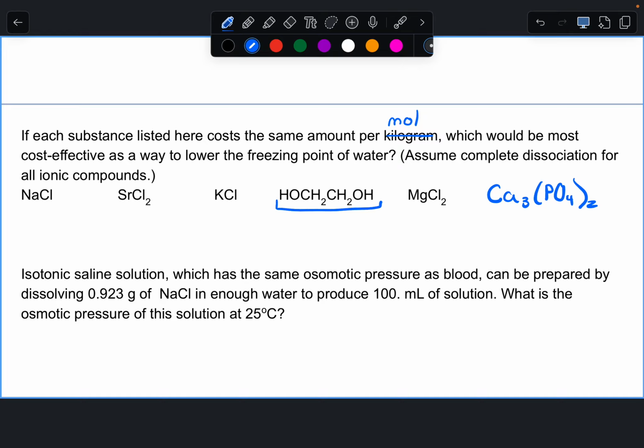So like this compound, all nonmetals, that's covalent, so the I would be equal to 1. For sodium chloride and potassium chloride, each of those would be equal to 2. They just break up into those individual ions.